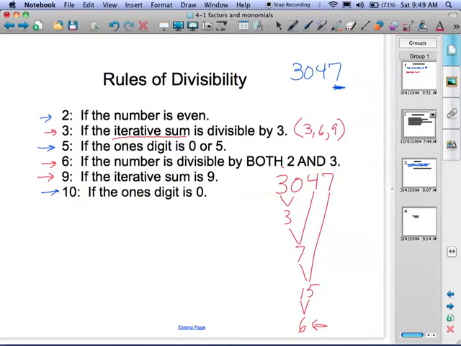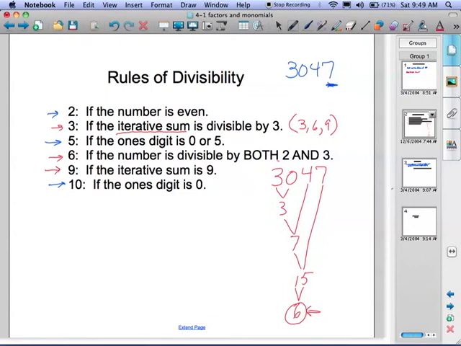On a side note, for those of you who are interested in unique things about math, when you calculate the iterative sum of a number, here we got 6. If you were to divide this number, 3047, by 9, the 6, the iterative sum, is the remainder when you divide that number by 9. It's just an interesting side note about the rules of divisibility for 9.